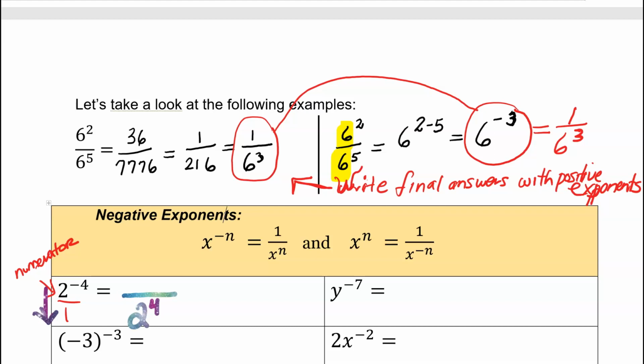But what's in the numerator? We took everything from the numerator. What is understood to be in the numerator? It's always understood to be a 1 because 1 times anything is itself. Just like this is understood, this 2 to the negative 4 is considered to be 1 times 2 to the negative 4. All right, we are not done. Can you tell me why?